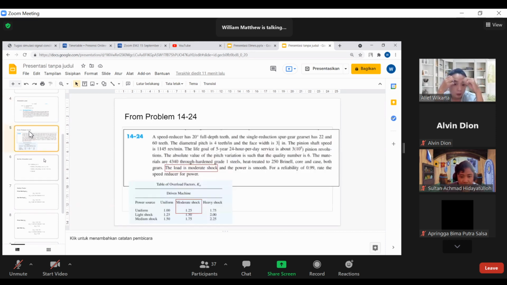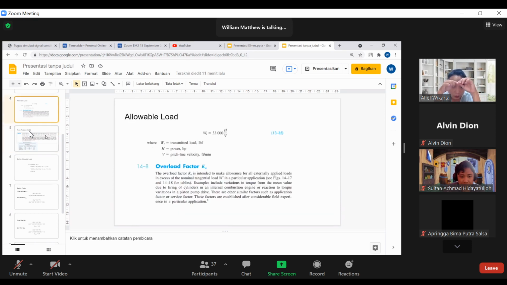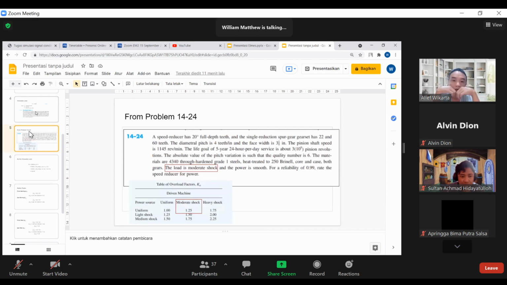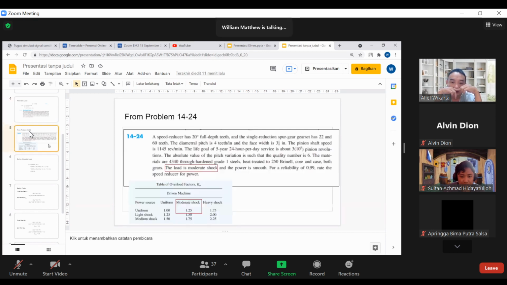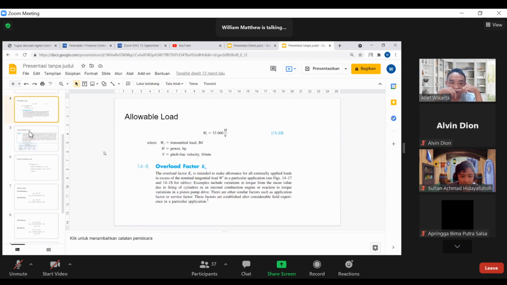I calculated with the overload factor because it is a factor intended to make allowance for all externally applied loads. From the problem, the load is moderate shock. This is why we must consider the overload factor in the allowable load.